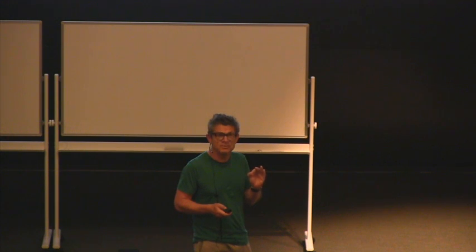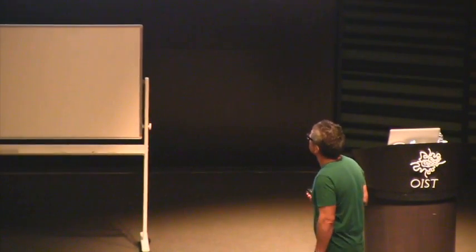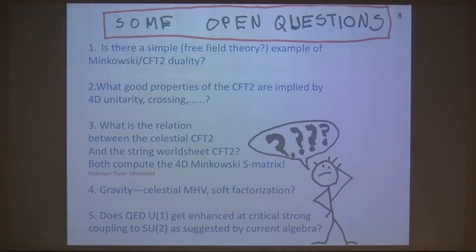The good properties that we are used to exclude things like complex conformal weights. And I think that is an algorithmic question. Now, here's one of the things. I'm saying that the four-dimensional S matrix in every quantum theory of gravity is computed by some kind of two-dimensional CFT.